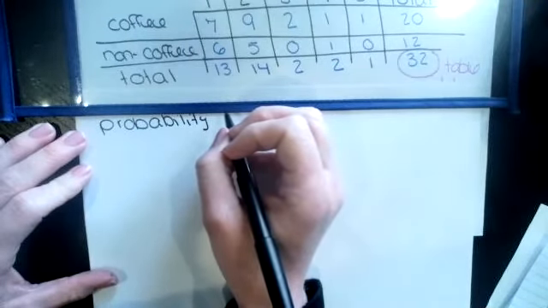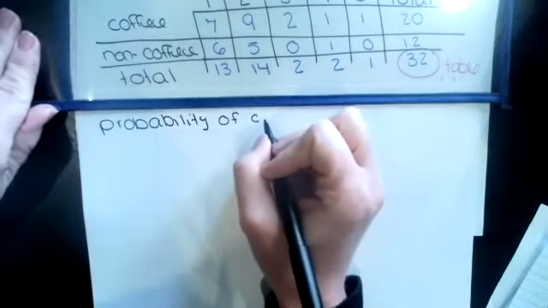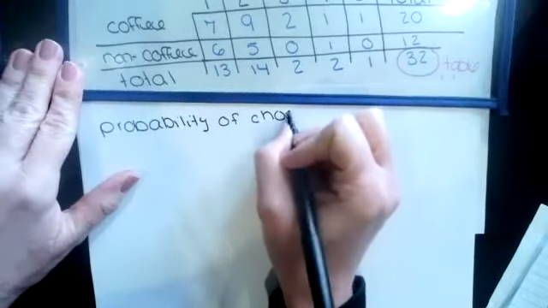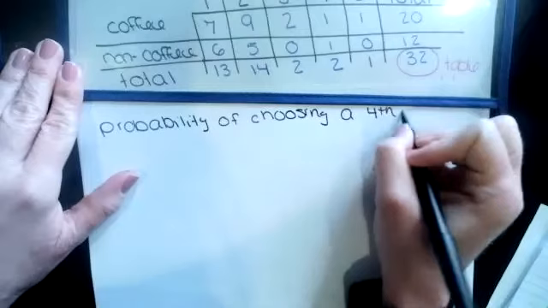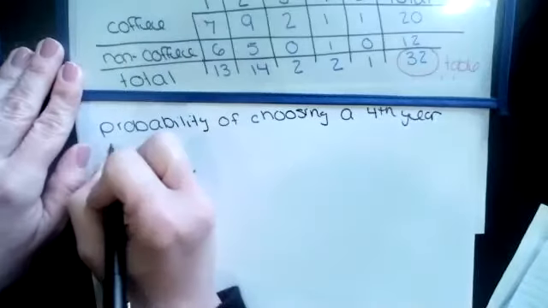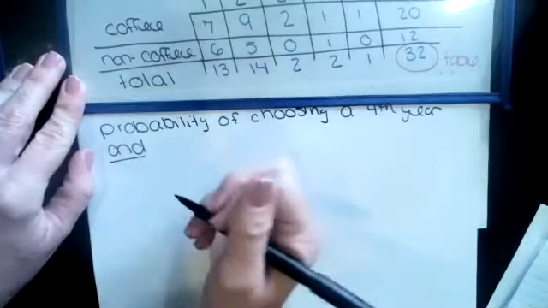Let's see. We'll change it up from the second year students. Choosing a fourth year student, and so the and is key here.